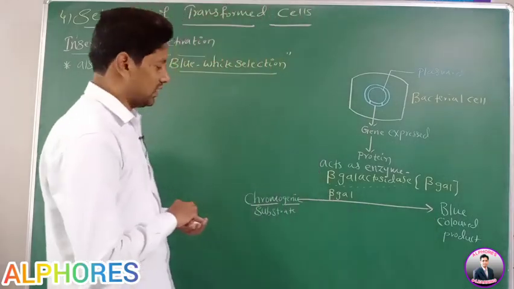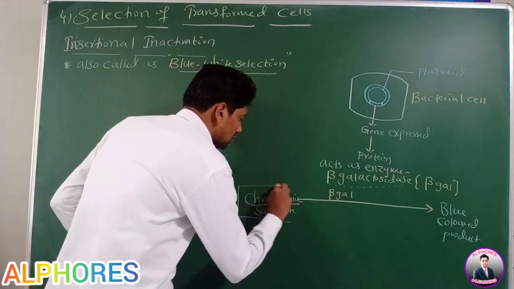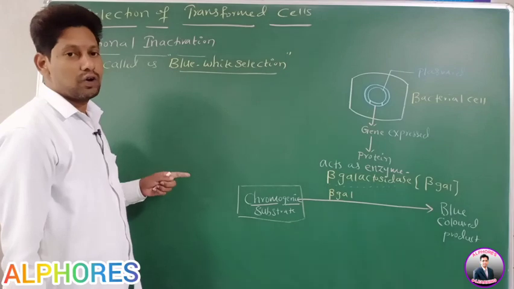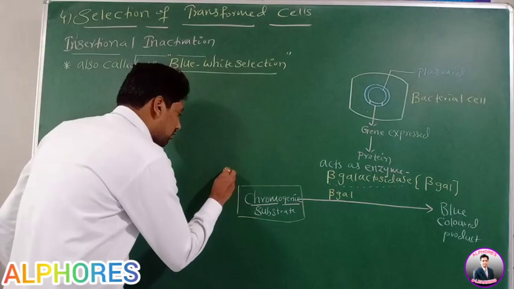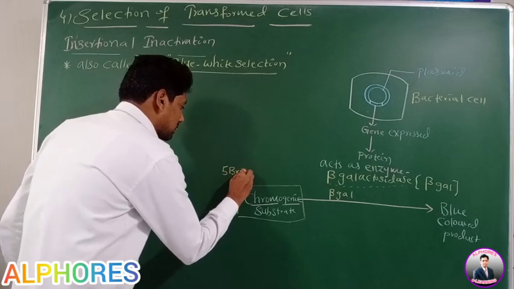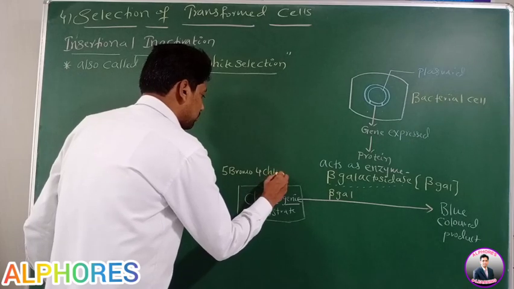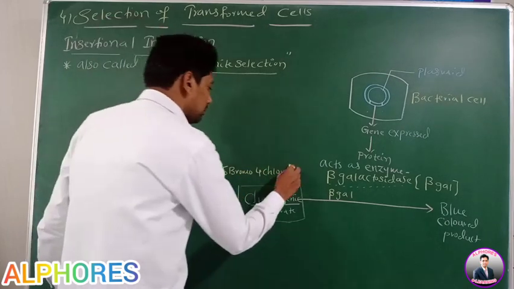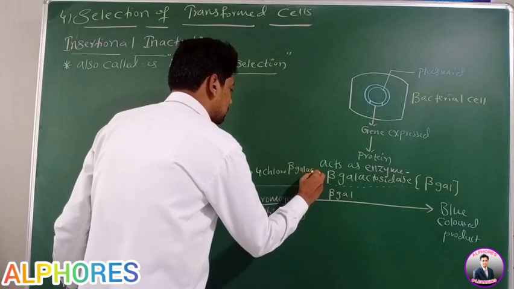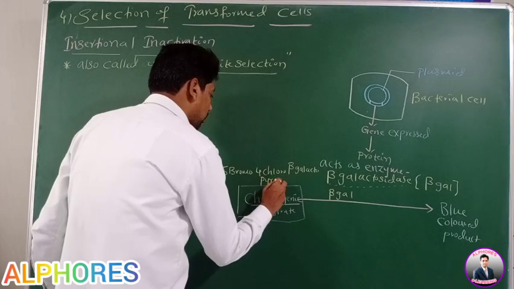Best example for chromogenic substrate is 5-bromo 4-chloro beta galacto pyranoside.